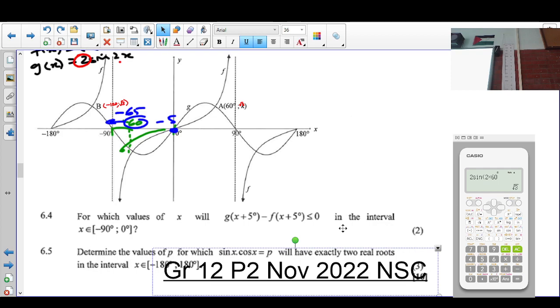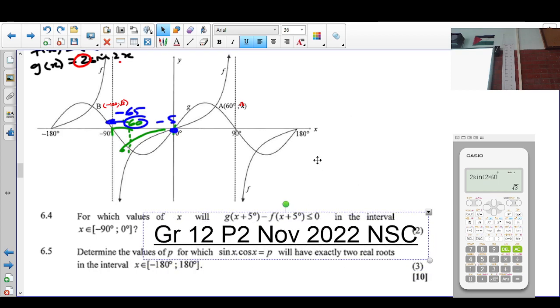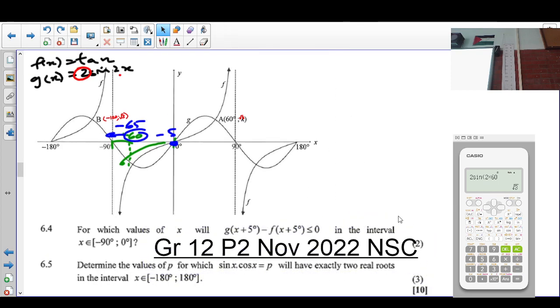X-intercepts. That's all. The roots are x-intercepts. If we look at this here, from negative 180 to 180, let's use purple.